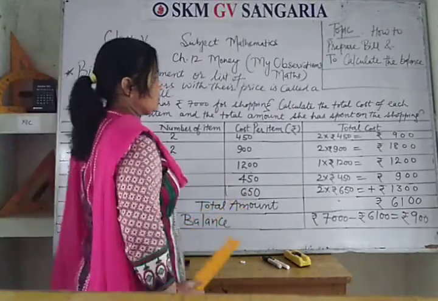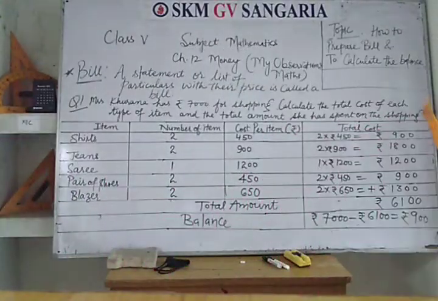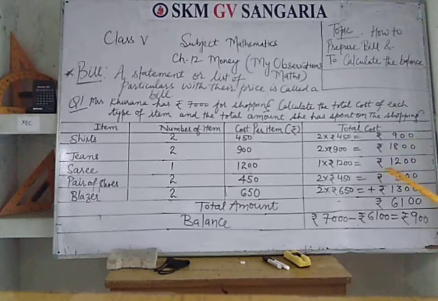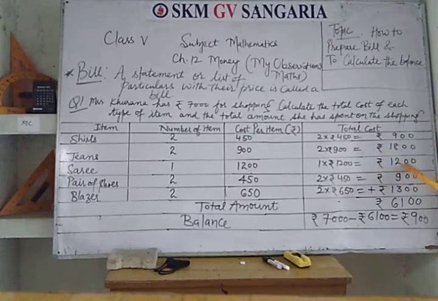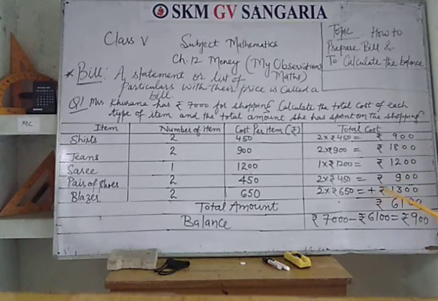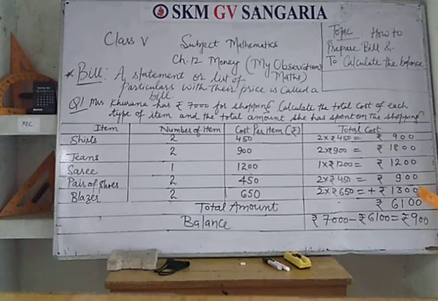So, to get the total cost of all the items, you will add rupees 900, rupees 1800, rupees 1200, rupees 900, rupees 1300. Please write the digits according to their place value.